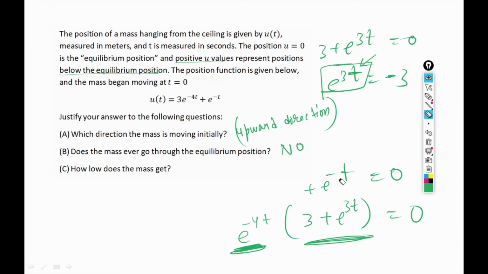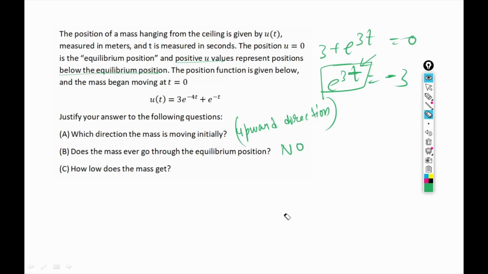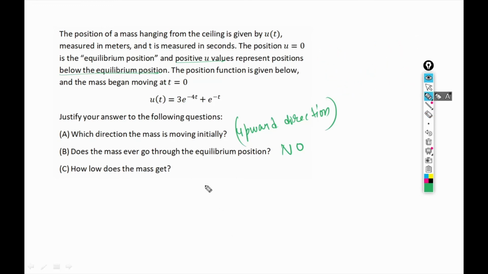Now the final question. The final question says: how low does the mass get? Let's try to see this. We are starting at x equals 4.